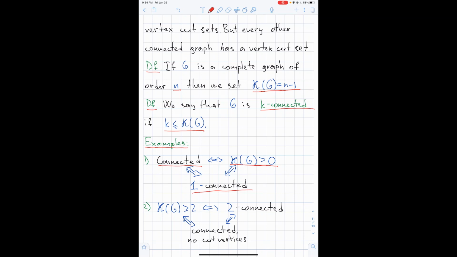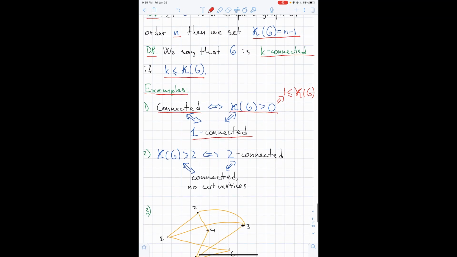Because since kappa is greater than 0, that implies that 1 is less or equal than kappa. Therefore, our graph is one connected. All right, and these three things are just equivalent: connected, one connected, and kappa is greater than 0.